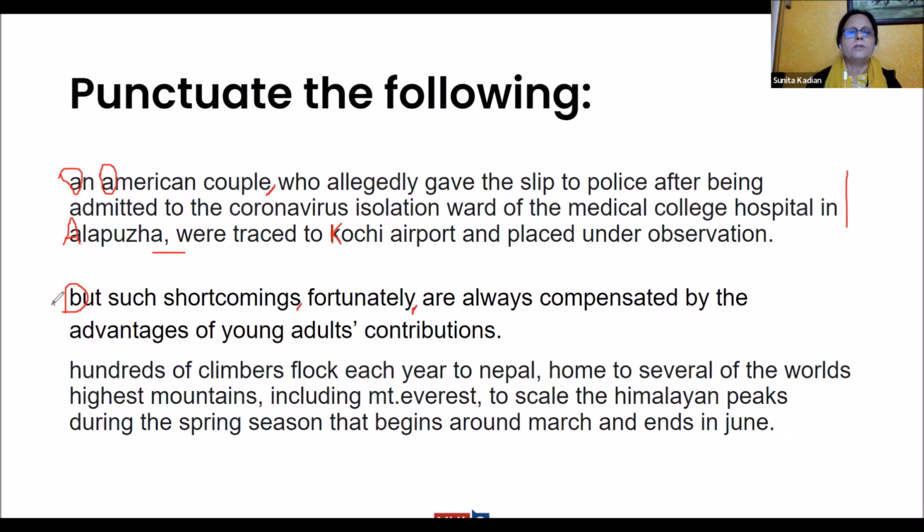Either you start the sentence with fortunately, such shortcomings are always compensated by, then you just have to place a comma after the word fortunately. But it has come in between, so you separate it by putting a comma, right?